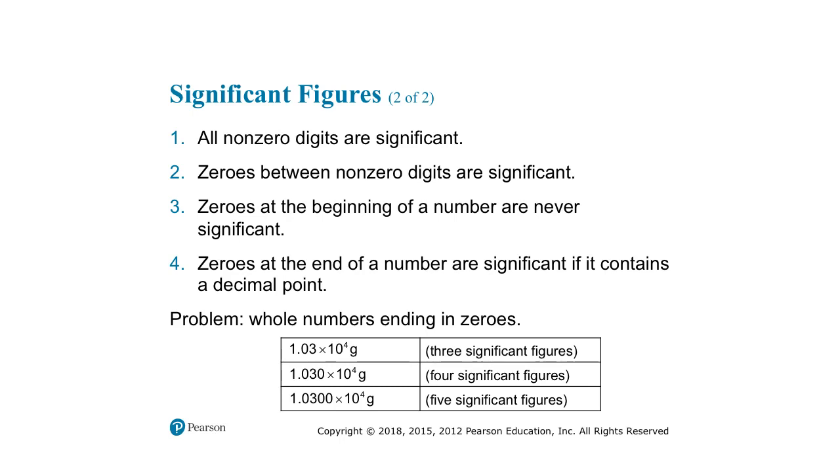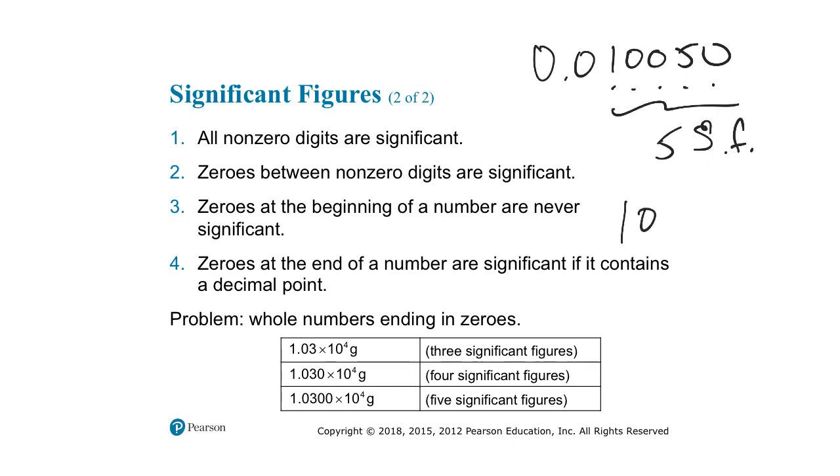Okay, so here are those basic rules of sig figs again. Non-zero digits are always significant. Zeros between non-zero digits are significant. Zeros at the beginning of a number are never significant, and zeros at the end after a decimal point are significant. Another example would be 0.10050: 1, 2, 3, 4, 5 sig figs.